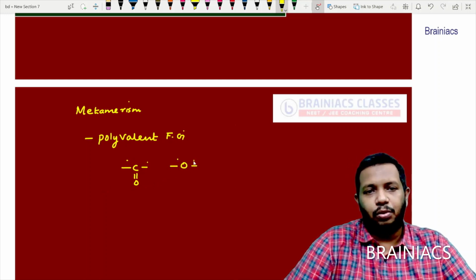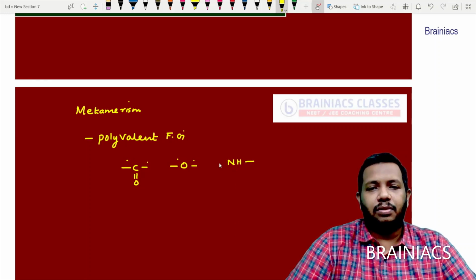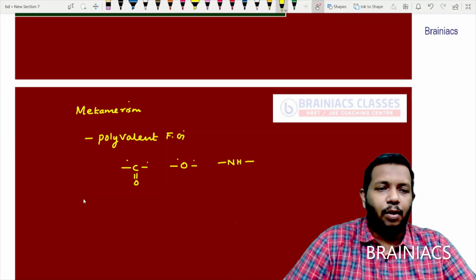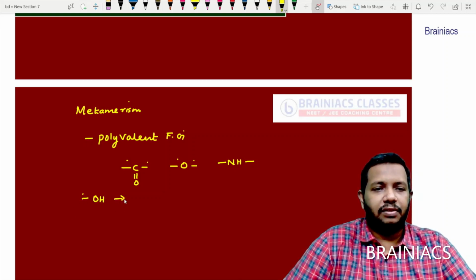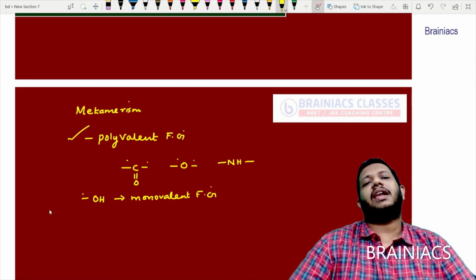Ethers, where 2 groups are there. Even secondary amines, you can see NH. All these are polyvalent functional groups. But if you have something like an OH group, there is only 1 valency here, so this is called a monovalent functional group. So metamerism is shown mainly by polyvalent functional groups.